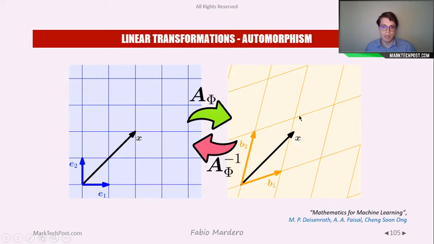If we want to come back from this perspective to the canonical basis, well, we can apply the inverse of the transformation matrix to these vectors, or better, to the coordinates of these vectors. We are doing an automorphism because the linear map behind this transformation matrix is injective, surjective, and of course is a linear map.